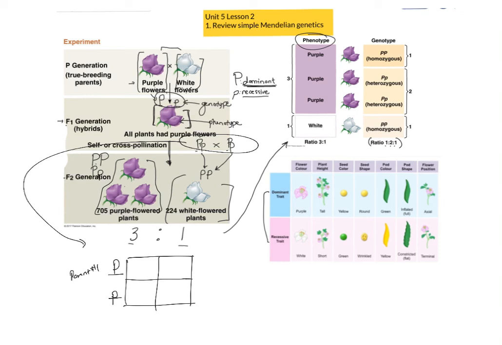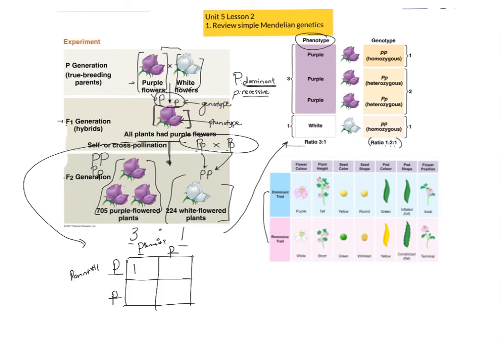And then parent number 2 can contribute either a dominant or a recessive genetic factor. And then everything inside of this Punnett square, we can distribute to determine all the possible combinations and the probabilities that go along with them.